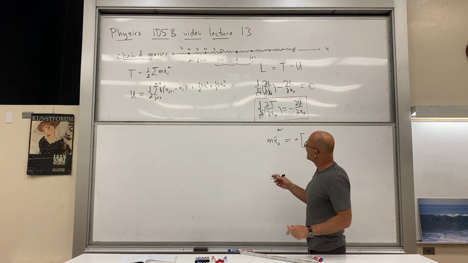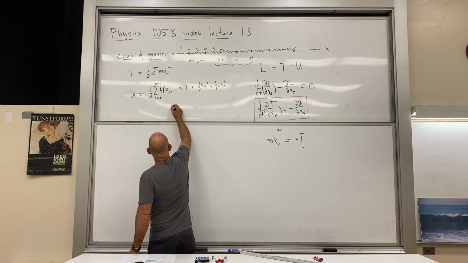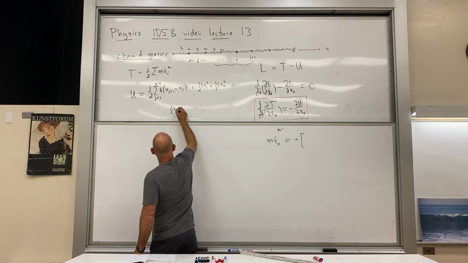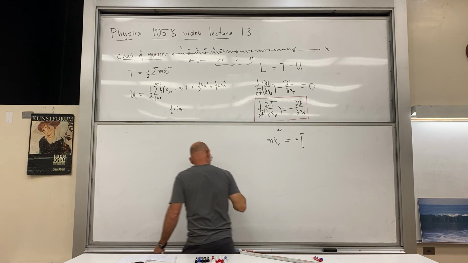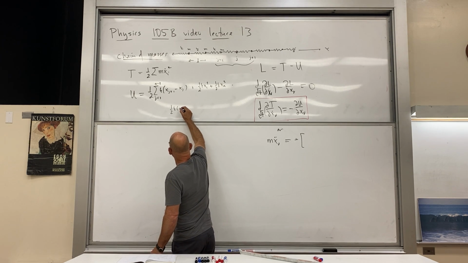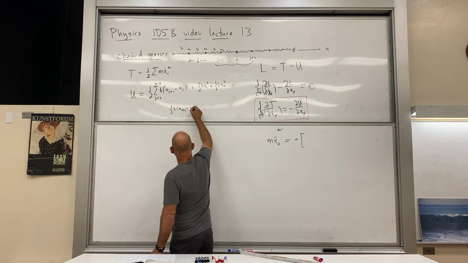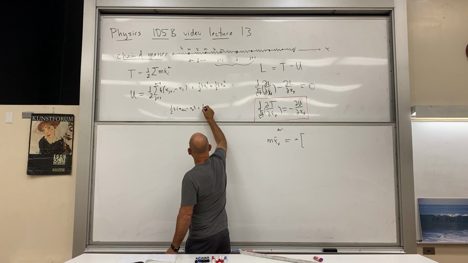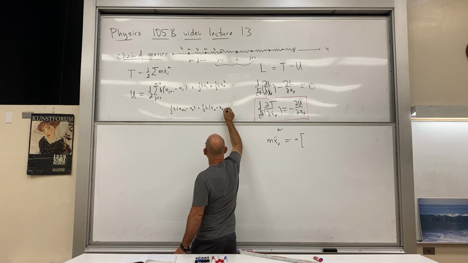And I had pointed out last time, and I'll do it again, we're going to have two expressions: 1/2 k x_{nu+1} minus x_nu, and 1/2 k x_nu minus x_{nu-1}.